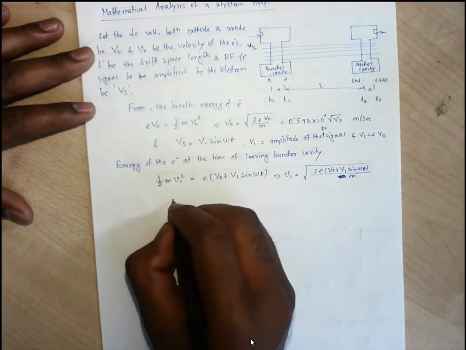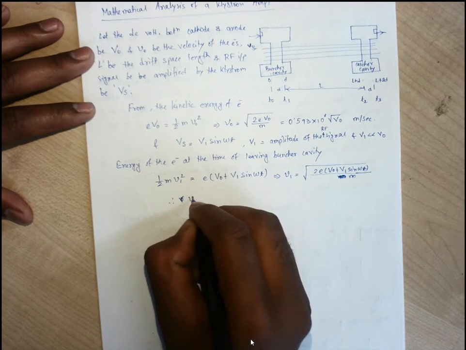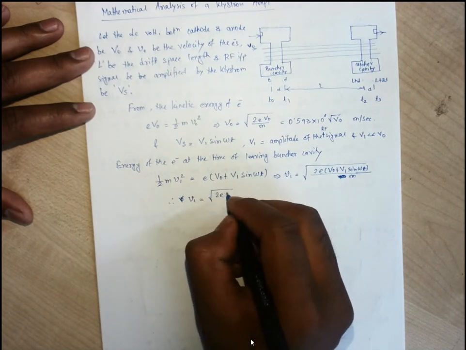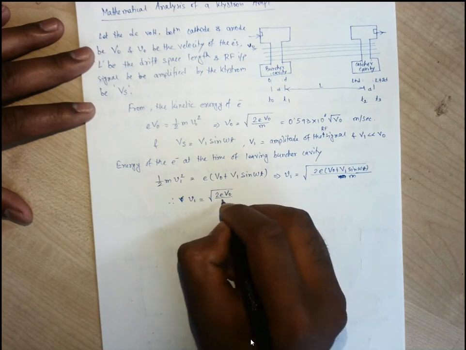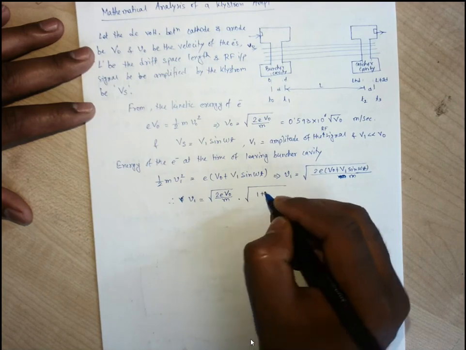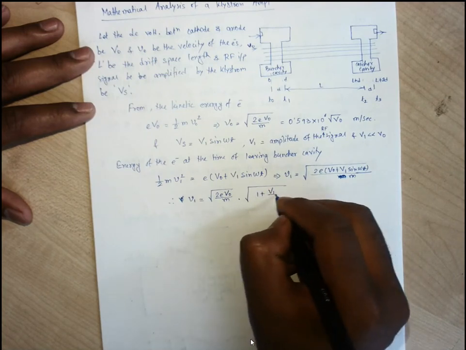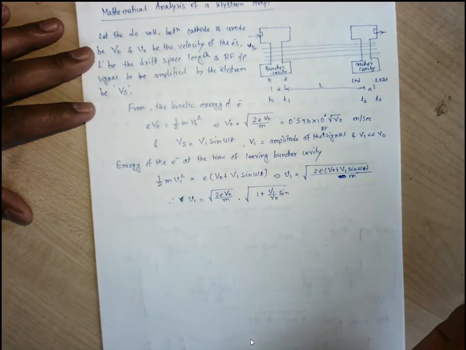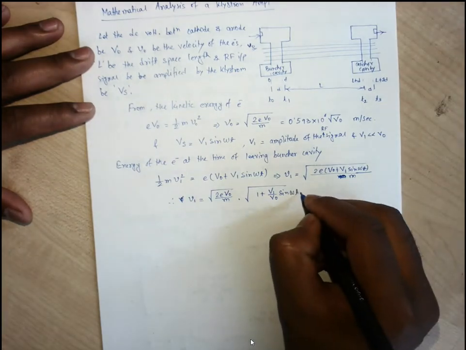So we can write, therefore, V1 is equal to root over of twice E V naught by m into 1 plus V1 by V naught into sin omega T1.